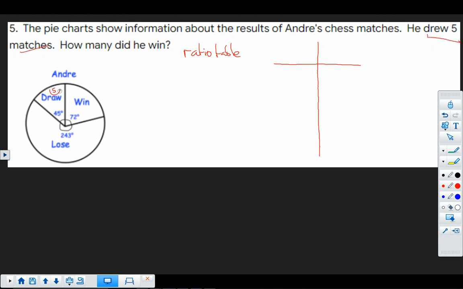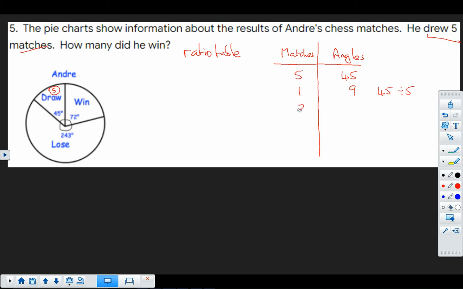So let's see what the relationship between matches and angles is. So matches 5, angle 45. So what's one match? Well, one match is going to be 45 divided by 5. So that's 9. So each match is 9 degrees.